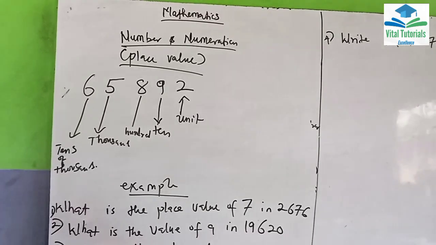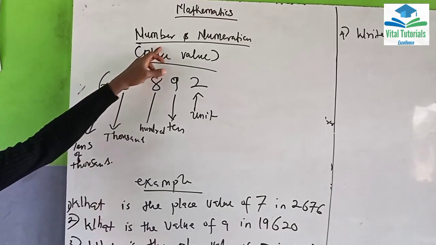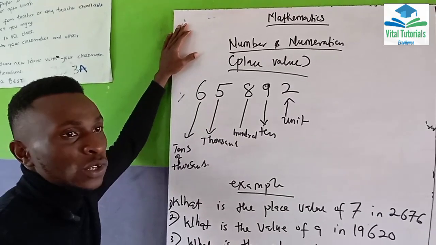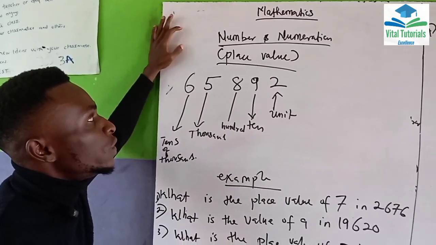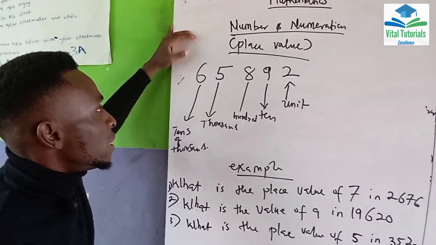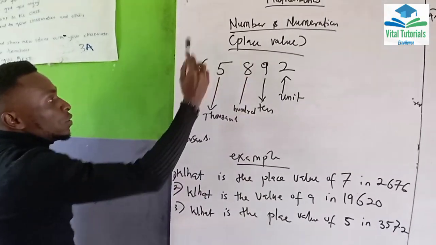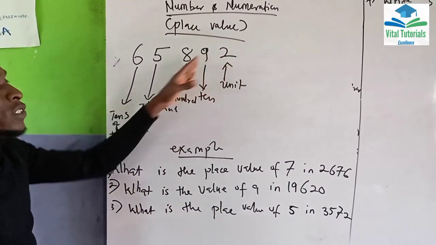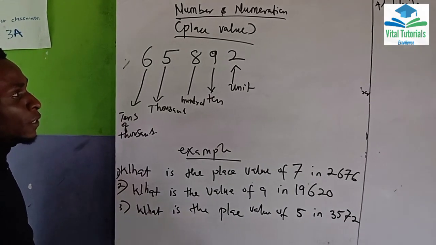Okay, now for the first topic in JSS1 mathematics, we are dealing with number and numeration. This has to do with how you are able to count your numbers or to know the place value of your numbers. Look at this number here, 65892. All these digits have their place values respectively.